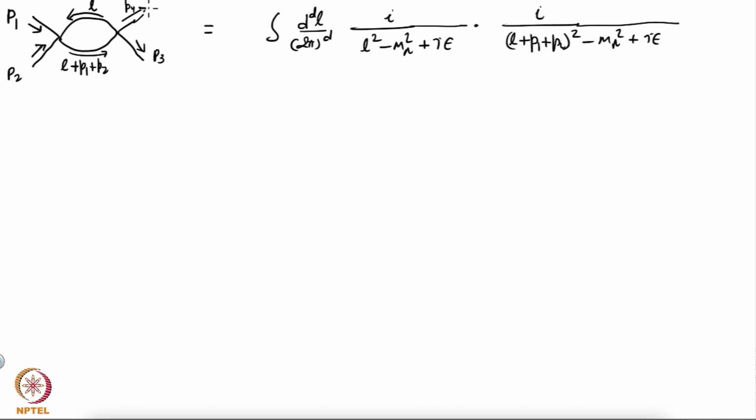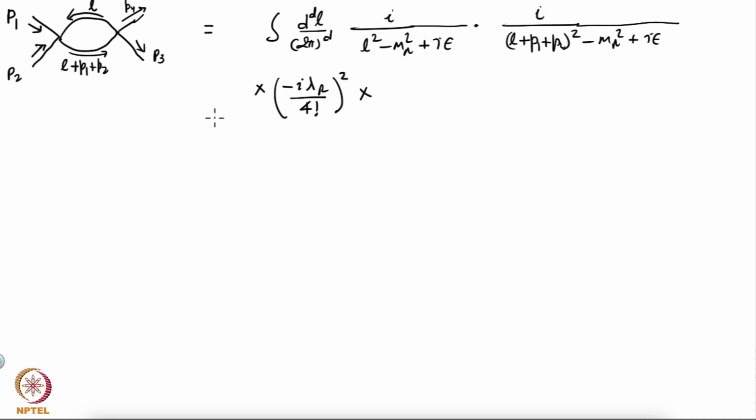Okay, we have two propagators carrying the loop momenta, and this is here. Then I should write down the vertices, minus i lambda_r over 4 factorial. Okay, there are two of them, so square.